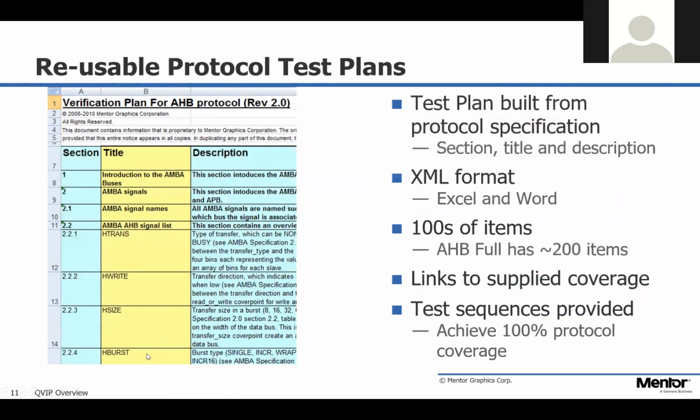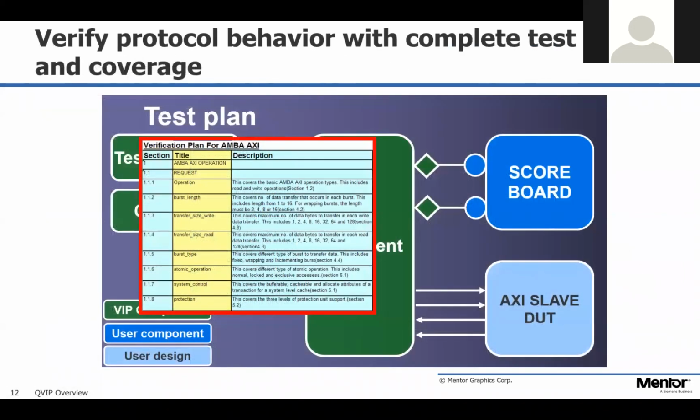I want to make sure that I cover these test plan objects, and then you can run your design and look at the coverage that's collected, and it will tell you whether those test plan objects, and thus those types of transactions, have been covered.